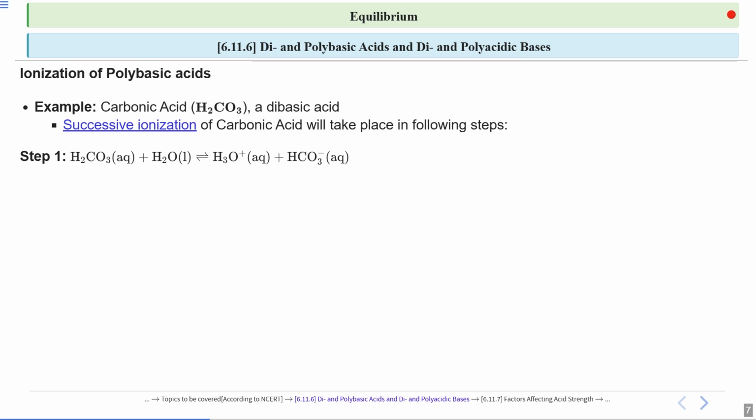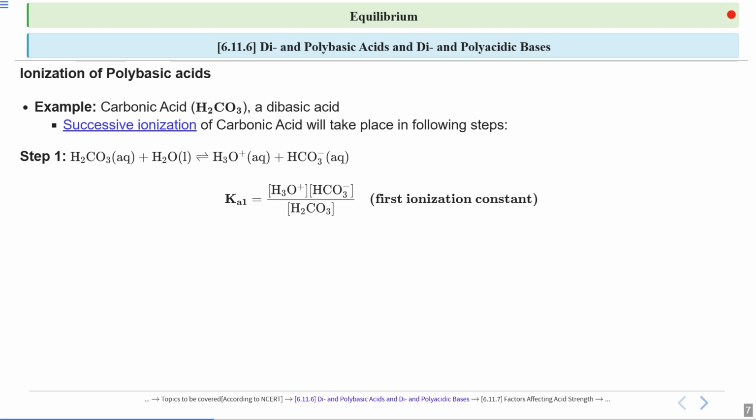Now this process is in an equilibrium state. Why? Because this process is not going on to its completion because of its weak acidic property. Can we represent the above situation with the help of an equilibrium constant?